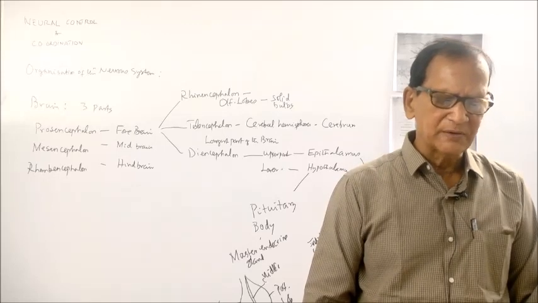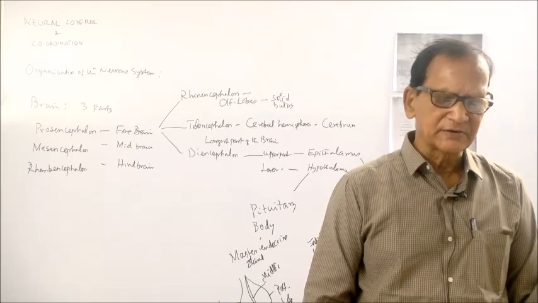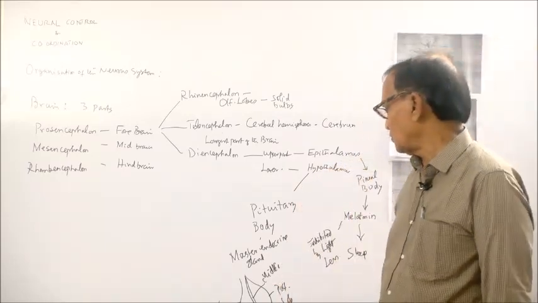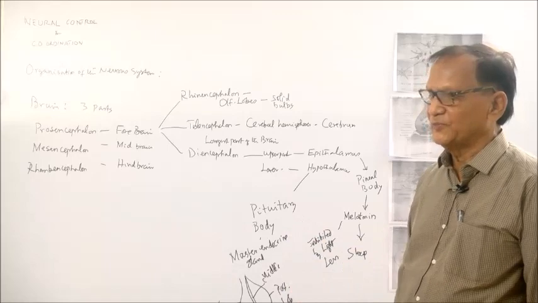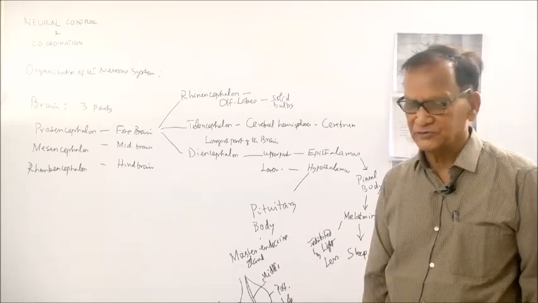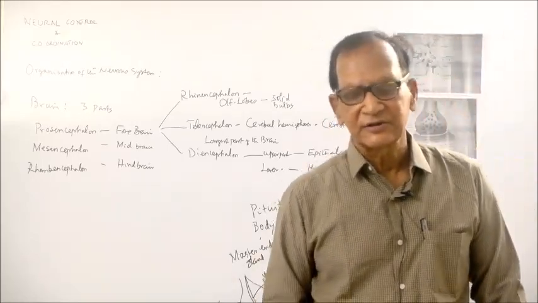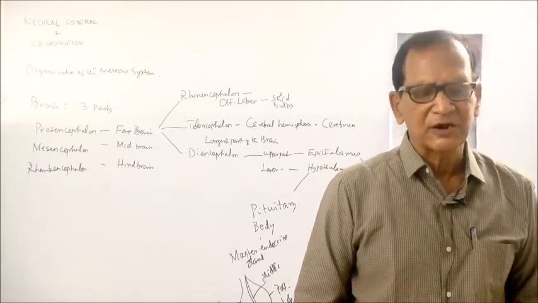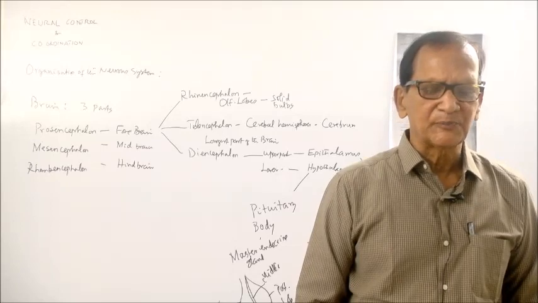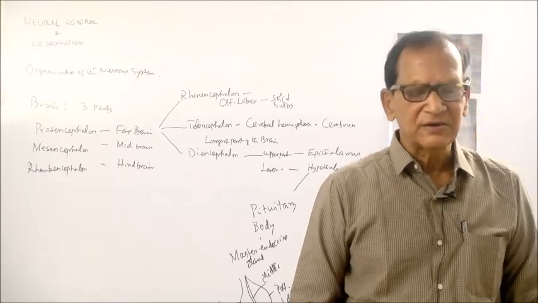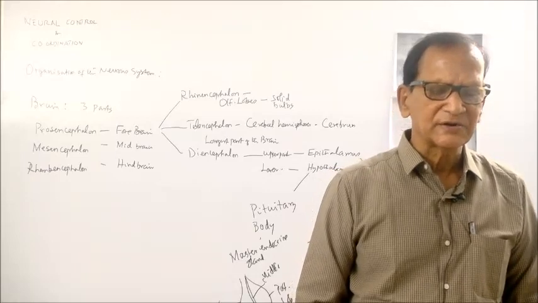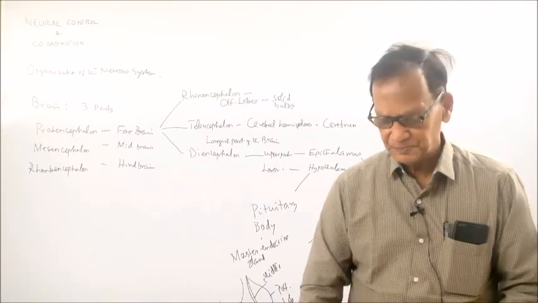And depending upon the information that it receives, it controls the secretion of hormones from the pituitary body. In the hypothalamus, there is also the feeding center. The amount of food that we take in is controlled by the feeding center of the hypothalamus. There is also a temperature control center, osmotic control center. So several important centers.